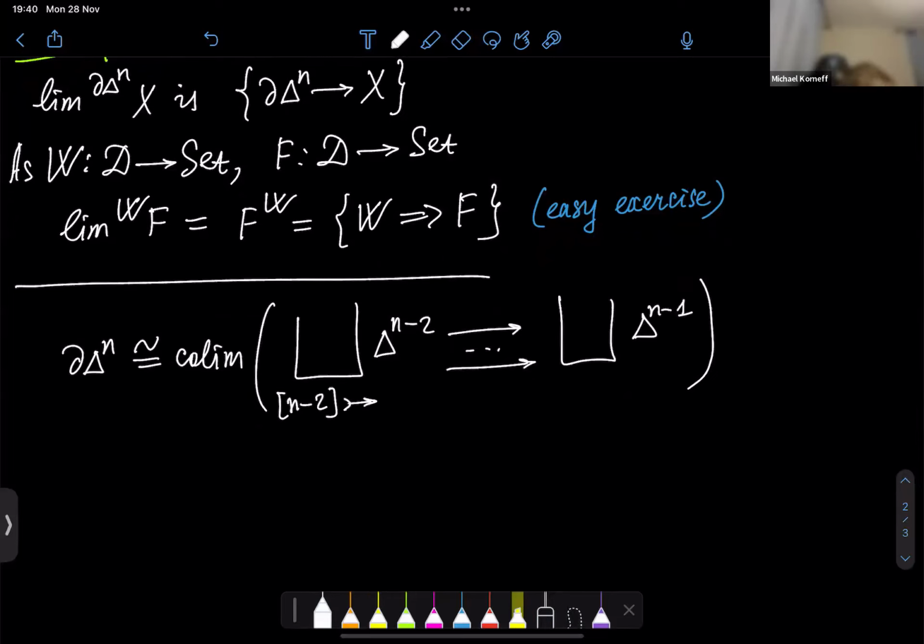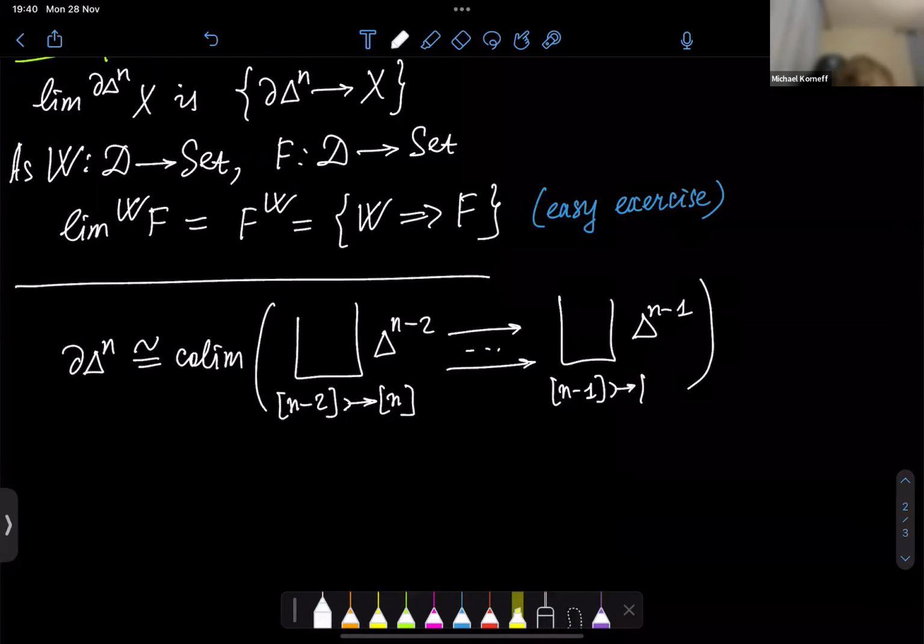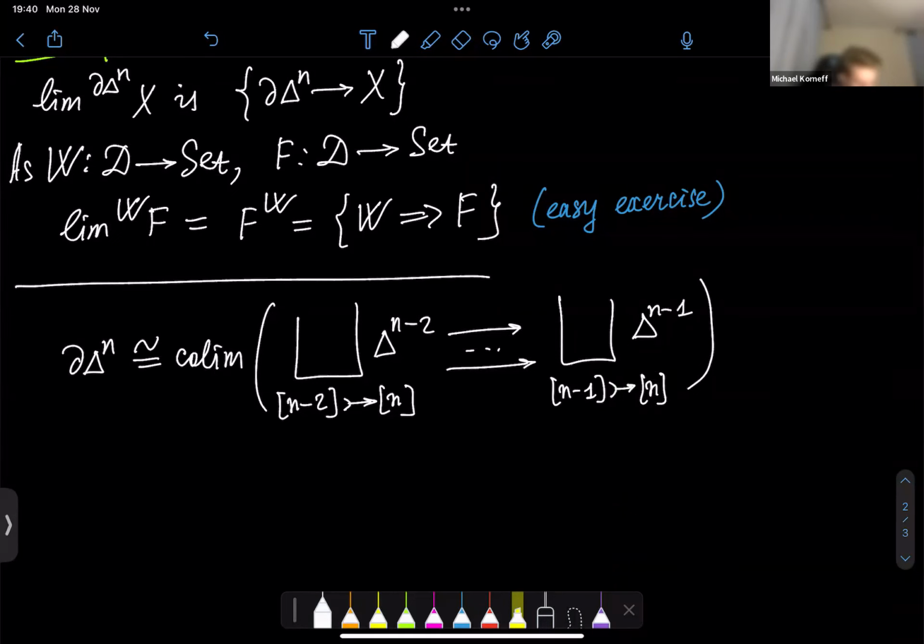So these arrows correspond to the inclusions, to the monomorphisms from n-2 into n-1.